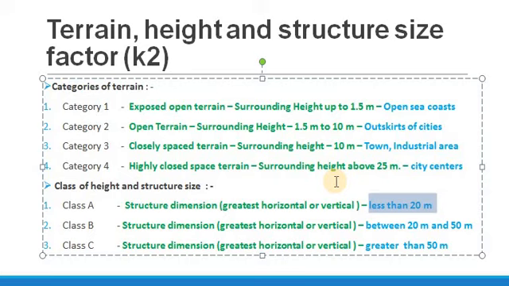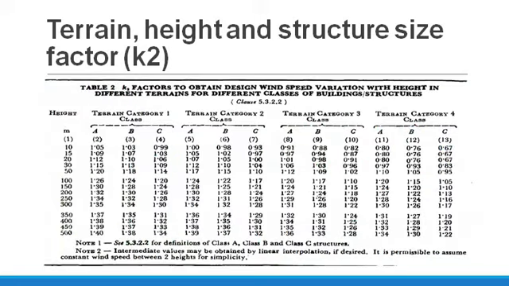Then what will be the factor K2 for my structure? That means category 4 class A. Here category 4 class A, and the height of structure 20 meter, then I will take category 4 and A. The value of K2 will be 0.80 for my structure.